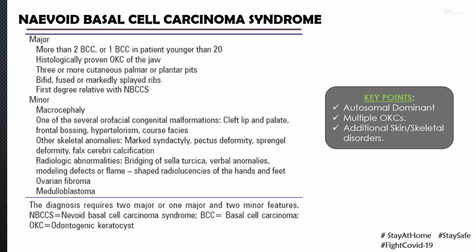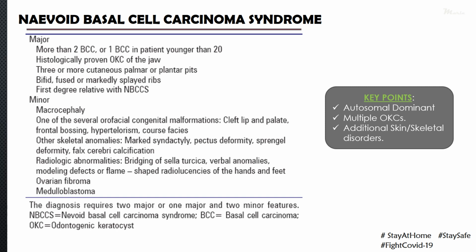In addition, skin or skeletal disorders may be associated with this condition. A diagnostic criteria has been defined to identify the naevoid basal cell carcinoma syndrome. To identify it as the Gorlin-Goltz syndrome, two major features or one major and two minor features are required.